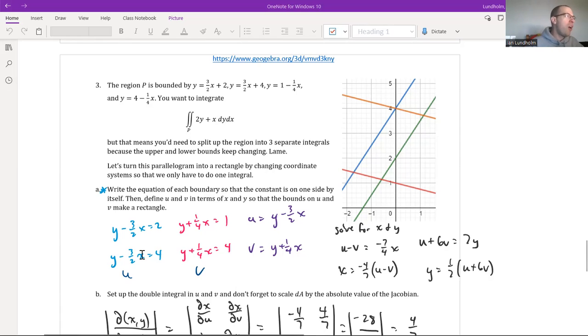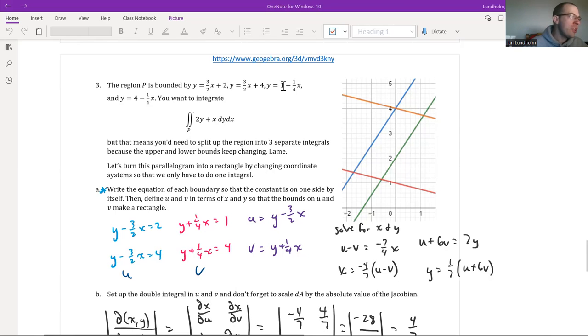But once you solve for a constant number on the right-hand side, we're left with y minus 3 halves x in two of the equations, and y plus 1/4 x in two of the equations, which gives us the hint that if we set u as equal to y minus 3 halves x and v as y plus 1/4 x, then our boundaries are going to be a bunch of constants, which will be great. And we'll be integrating over a rectangular region rather than this awkward parallelogram.